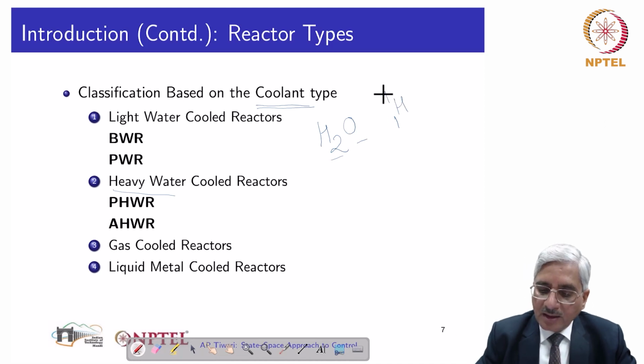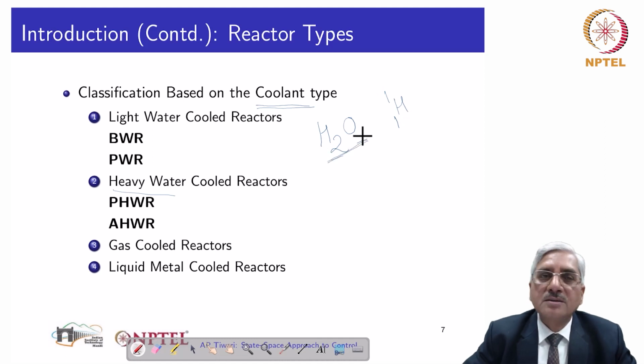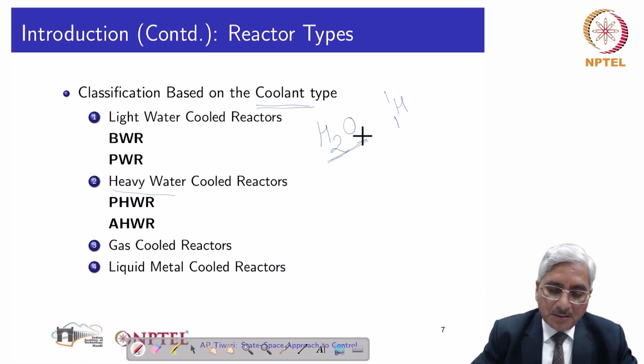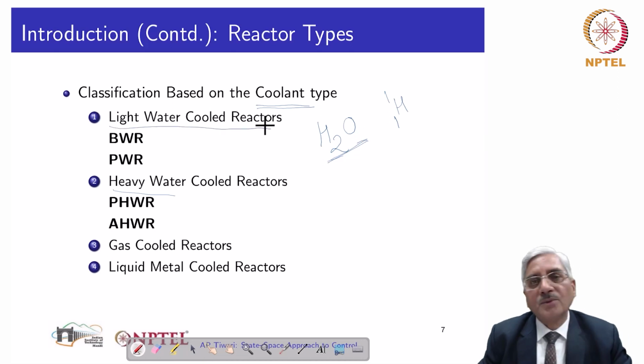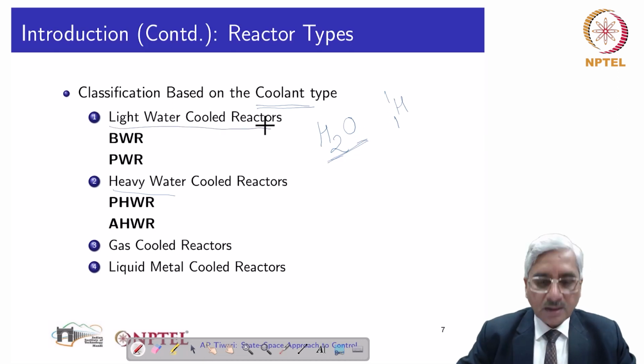So the water containing hydrogen and oxygen as its constituents is the coolant in light water cooled reactors. So nuclear reactors are also classified based upon the type of coolant they use.